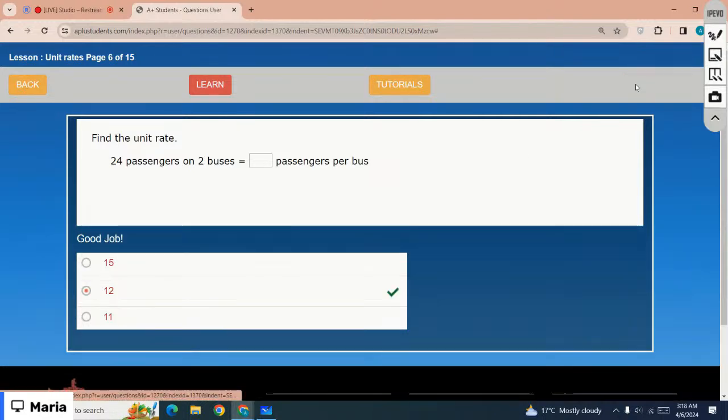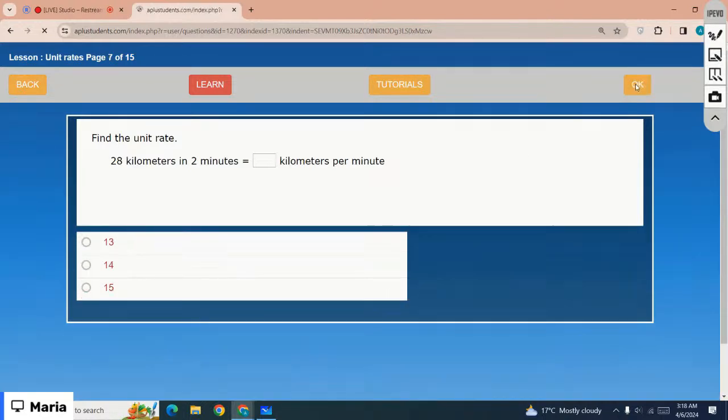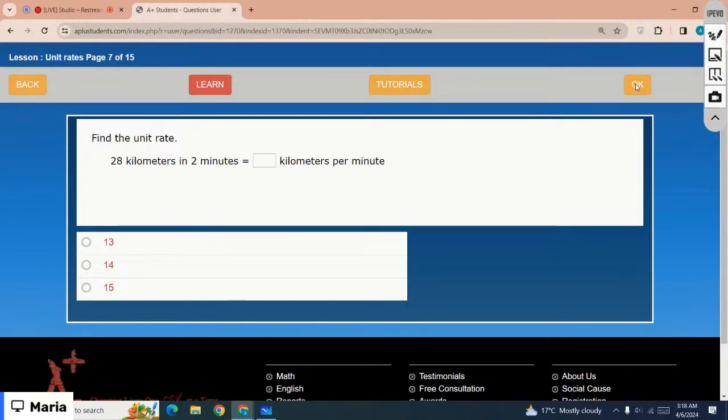The correct option is 12. Yes, that is 14 kilometers per minute.